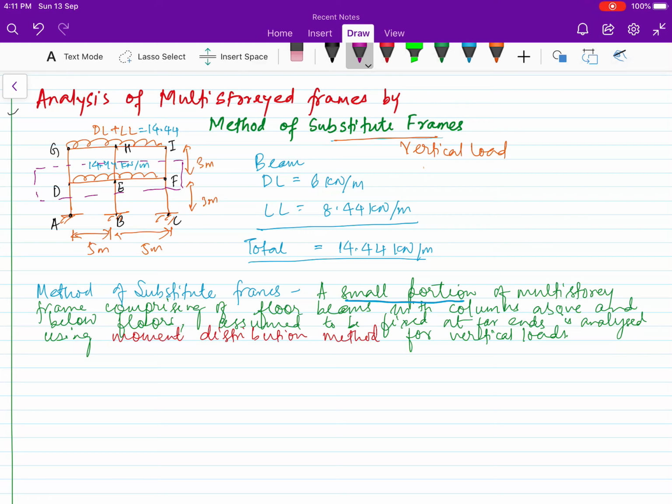So only one small portion of the multi-story building you have to take, and we have to analyze that using the moment distribution method. If I am considering this small portion, I am considering D, E and F, under UDL.